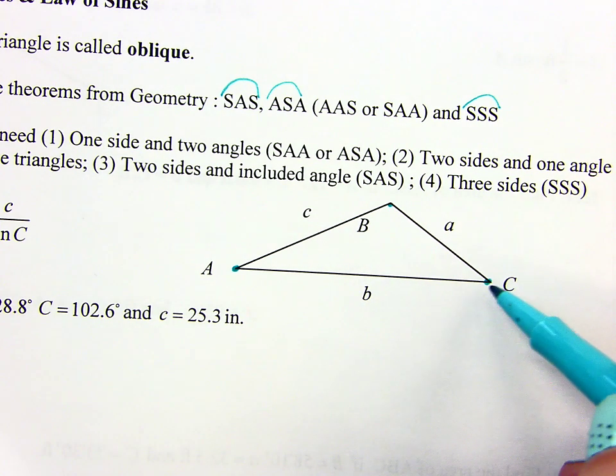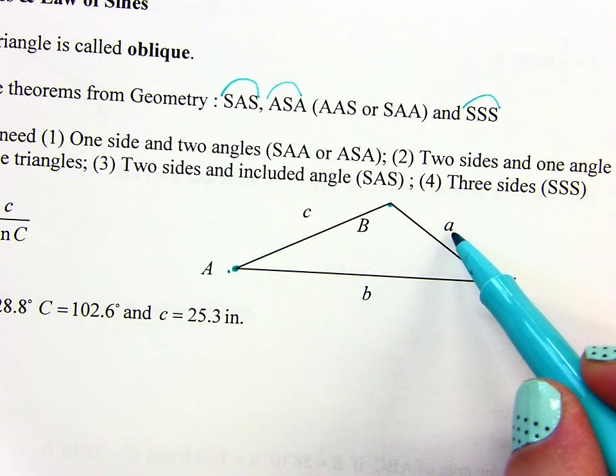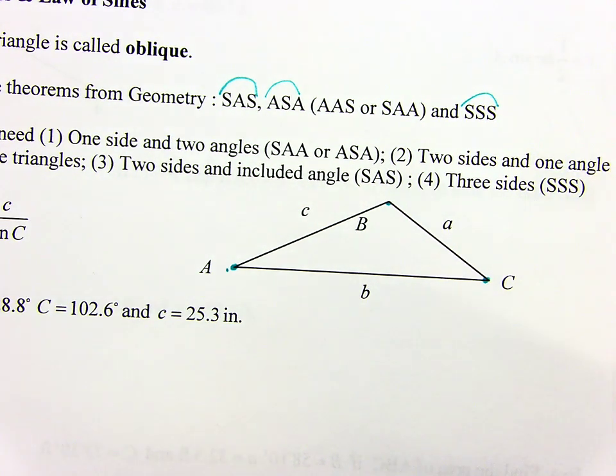So there's lowercase c across from big C, and here's capital A, so there would be side lowercase a. This is standard all over the place. Make sure you're paying attention to whether a letter is capital or not, because it matters. A capital letter refers to an angle, lowercase refers to a side.